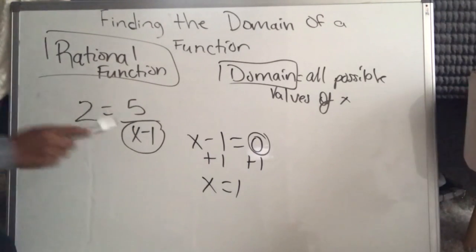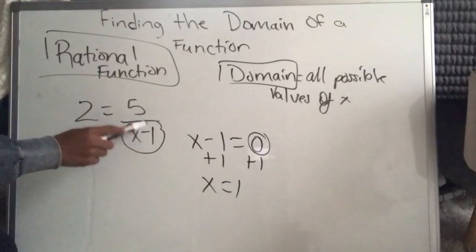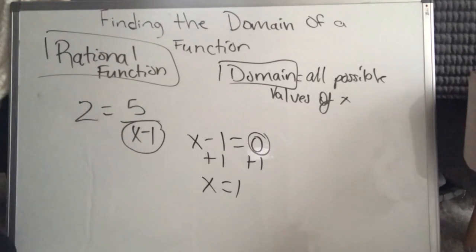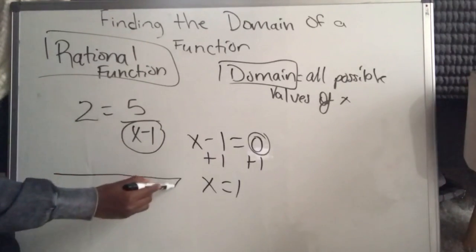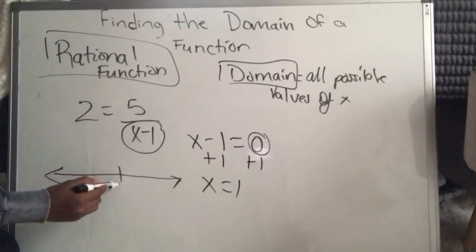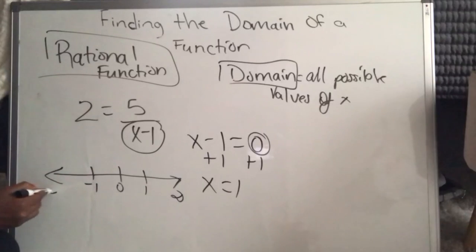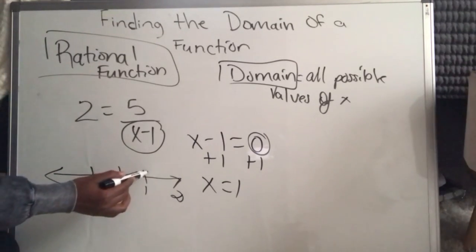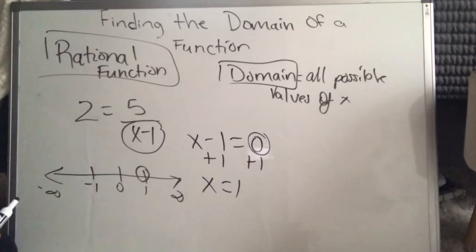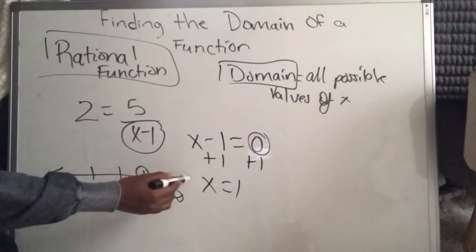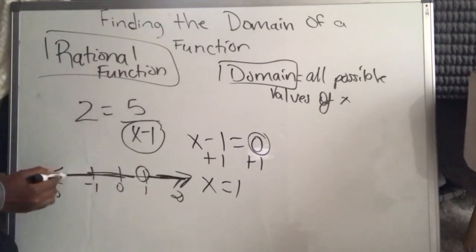So therefore, we do not want to put a 1 because 1 minus 1 is 0, and that will make our function undefined. Therefore, when we want to know all possible values of x, we want to not include the number 1. So if we drew this on a number line, it would be annotated as an open circle because we don't want to include it, but numbers shaded this way and all the numbers shaded this way.